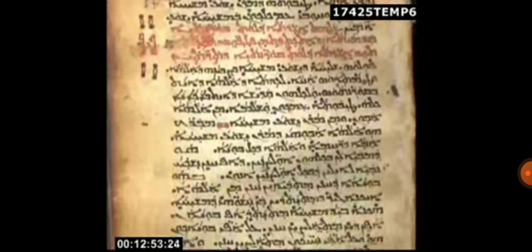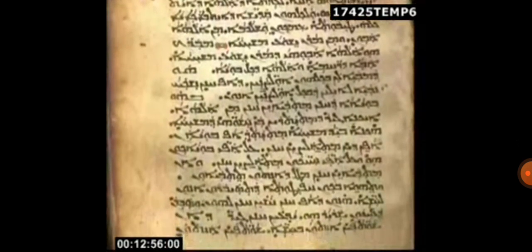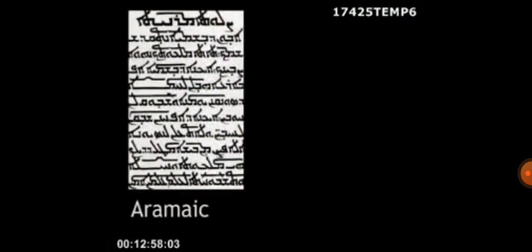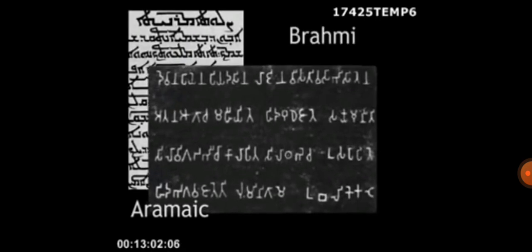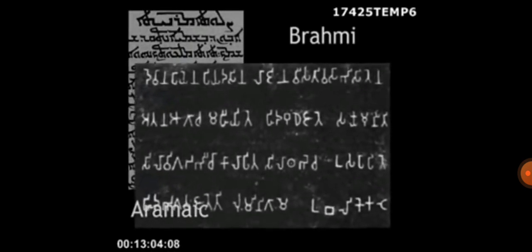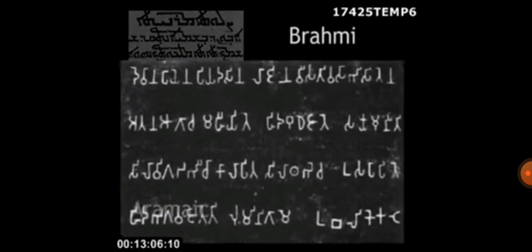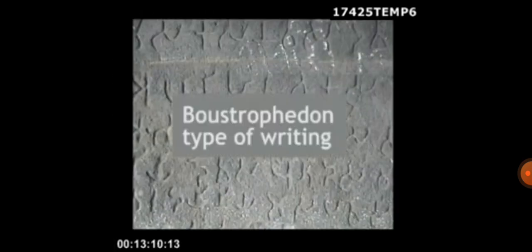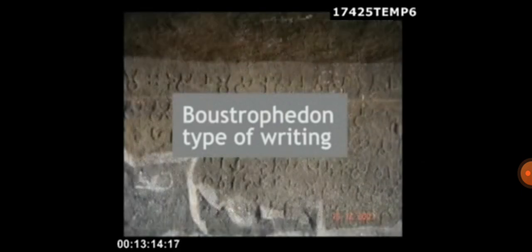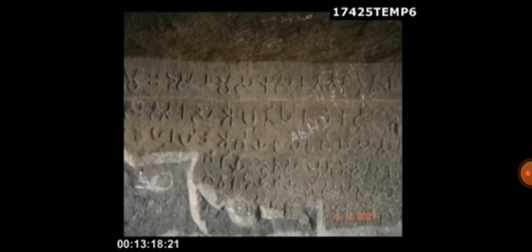It is well known that Aramaic is written from right to left, and some scholars believe that Brahmi was also initially written in both directions, right to left and left to right. This is called Boustrophedon type of writing. They think that only at a late date, Brahmi came to be written exclusively from left to right.